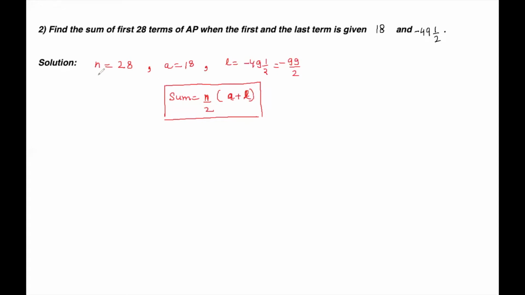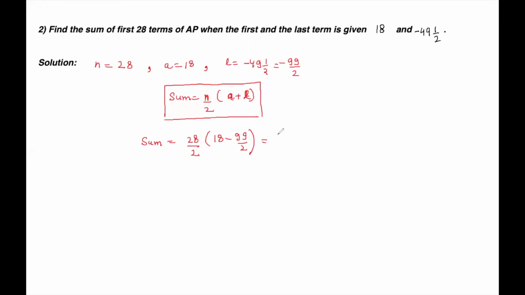Now here in this case we have the number of terms, we have the first term, and we have the last term, right? So we can substitute all the given information and we can find the sum of the series, right? So what would be the sum? This is equal to, we have n is 28. So 28 divided by 2 into a, what is a? 18. And plus, it would be minus 99 by 2, right? So I'll solve it.